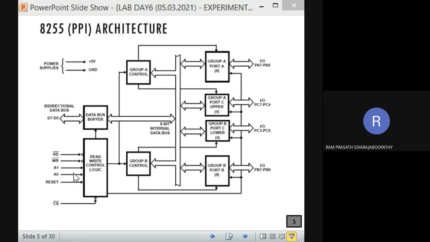Yes, A1 and A0 of the 8085 microprocessor. 8085 microprocessor 16-bit address line வரும், கரெக்ட்டுங்களா? அதுல A1 A0 of 8085 microprocessor we are going to connect with A1 and A0 of 8255. Fine.